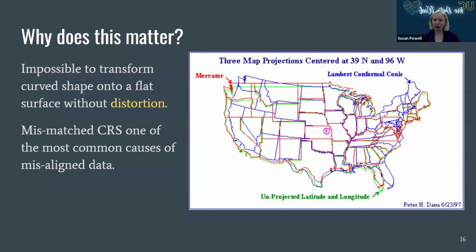And you can see that at the center, they're pretty well lined up. But when you get to the edges of the extent of this map, you are seeing very different locations for the different data. So if you were trying to overlay, let's say, the Olympic Peninsula in Washington with different data and different projections, they would not line up well.